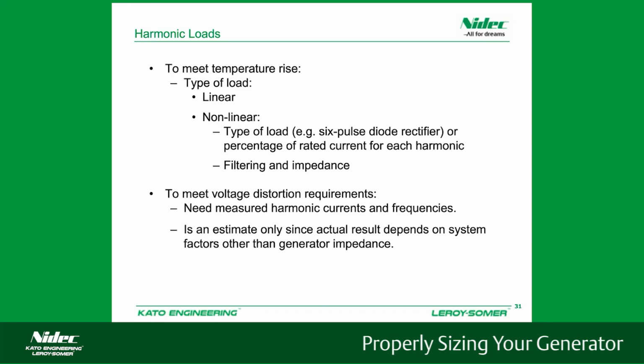So we'll have to be able to handle that harmonic current with our generator. Also, to meet voltage distortion requirements, the harmonic voltage levels and frequency levels will have to be taken into account. Another thing to note is that the generator does produce some harmonic voltage itself, but a lot of the harmonic voltages are coming off of the power system that you're connecting.